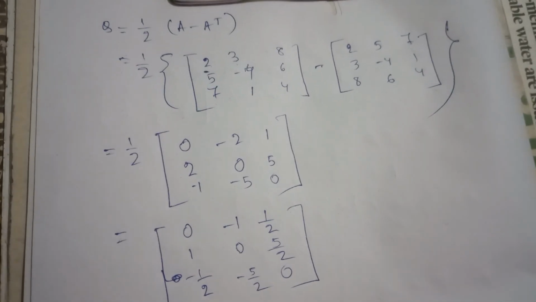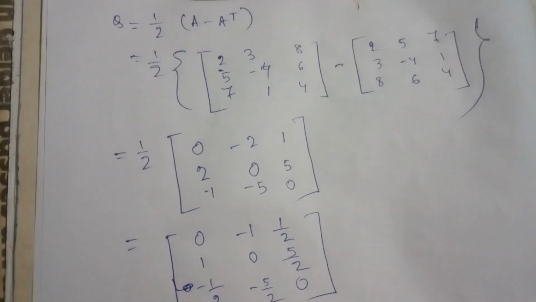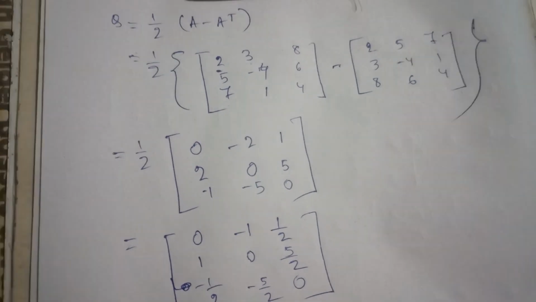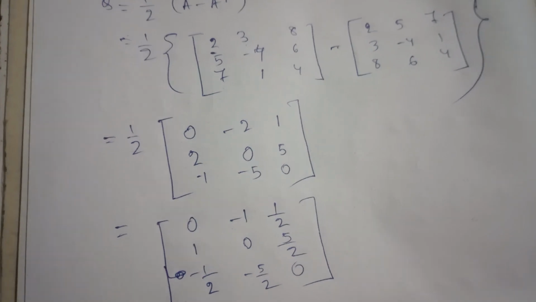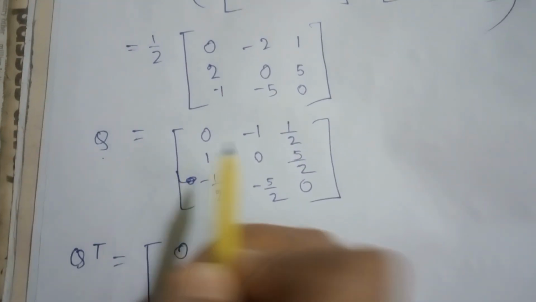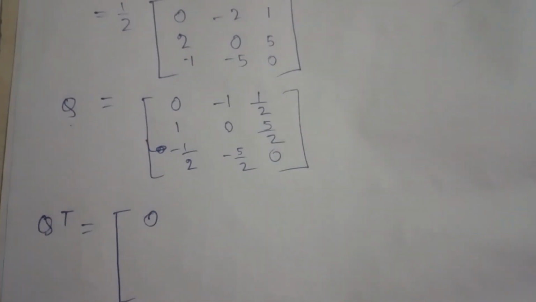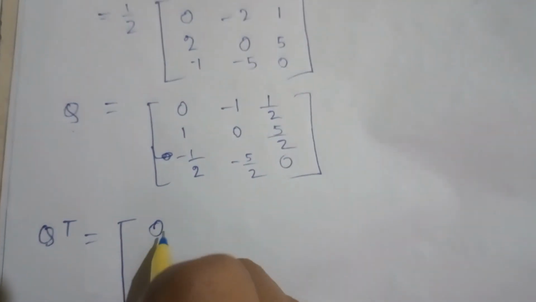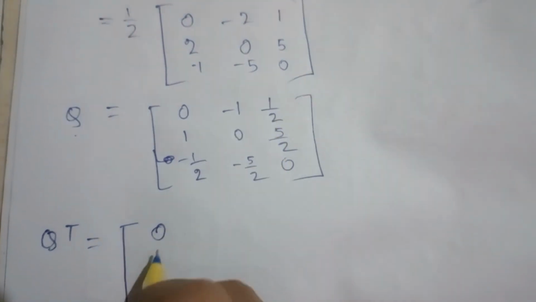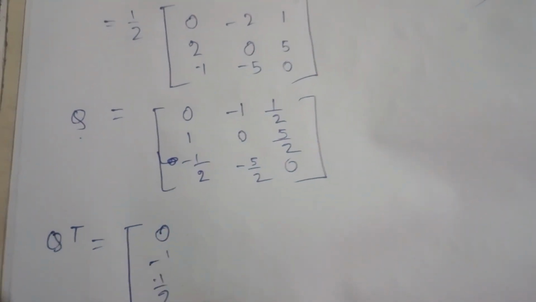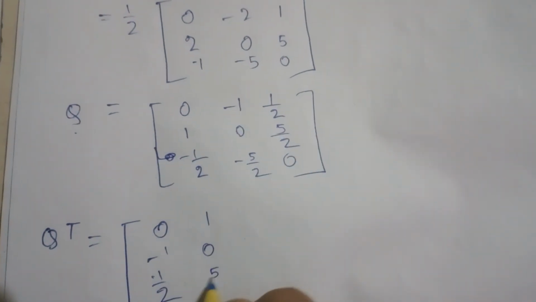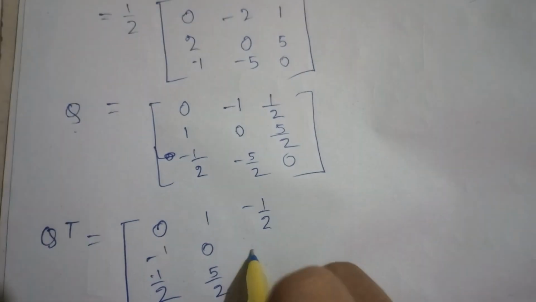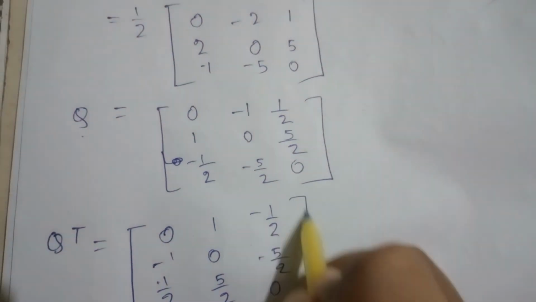Now we find the value of Q transpose. This is Q. Q transpose means rows become columns: 0, -1, 1/2; 1, 0, 5/2; -1/2, -5/2, 0.